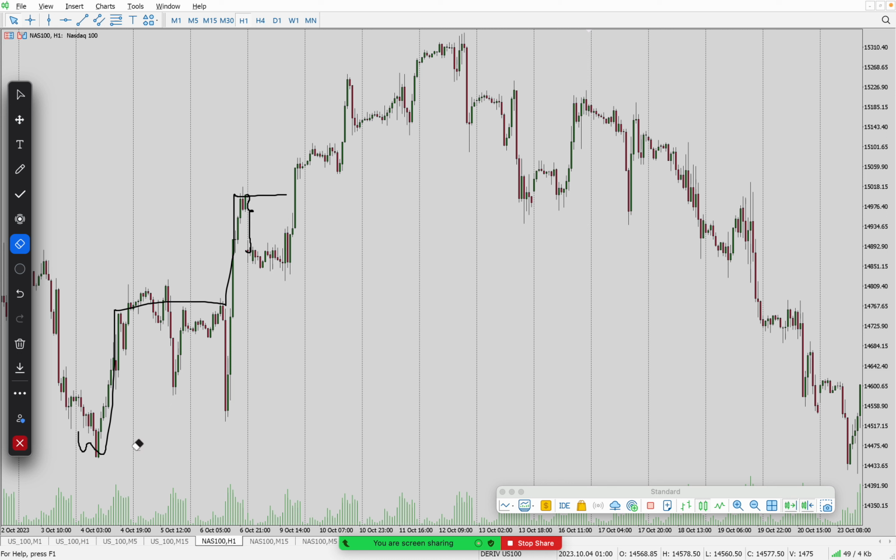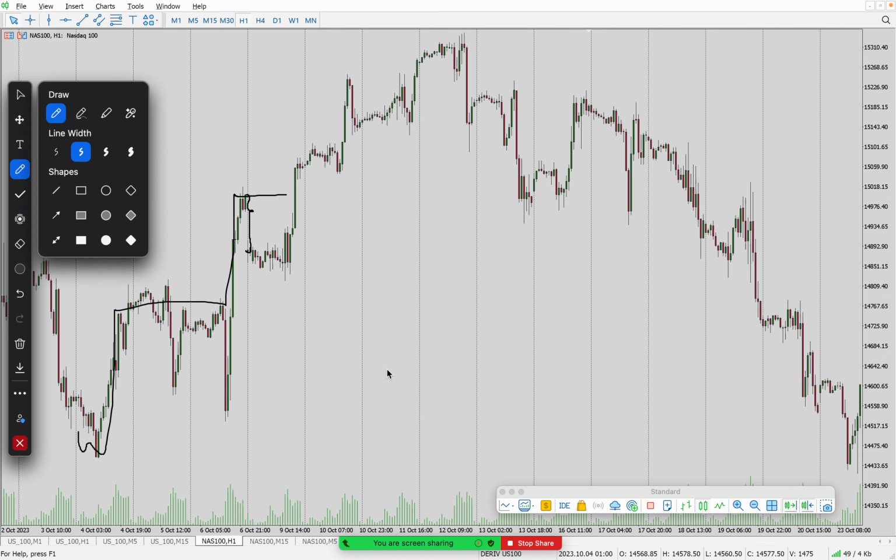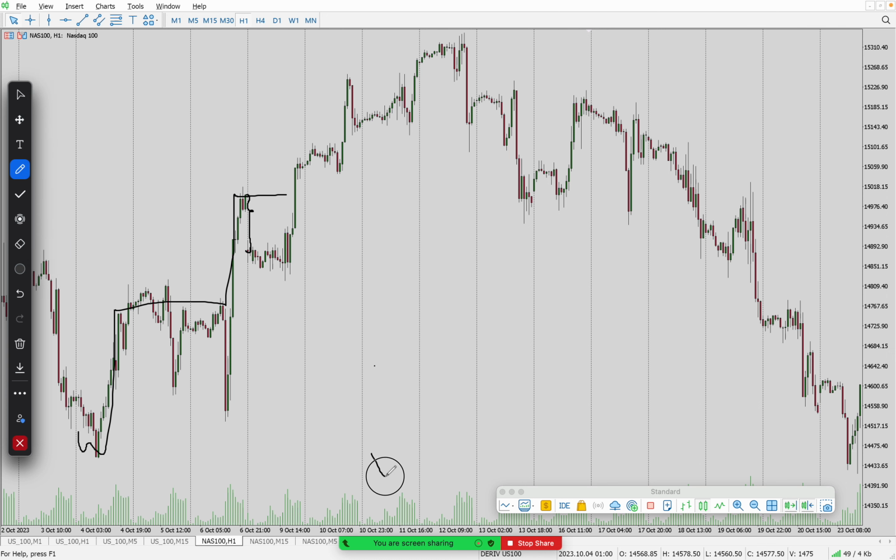All right? So this would be my first level. This would be my second level. This would be my third level. And the third level is comprised of 3 individual pushes. Let me show on the side what I mean. It's 2, then 1, 2, 3. This is much better when it happens on the 15 minute chart, when you're watching it on the 15 minute chart.